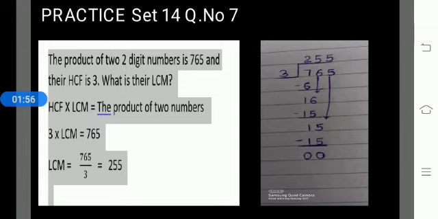The HCF is 3 and the product of the two numbers is 765. So 3 into LCM is equal to 765. Therefore, LCM is equal to 765 divided by 3. The answer is 255. So the LCM is 255.